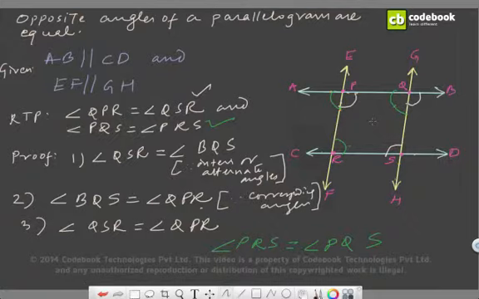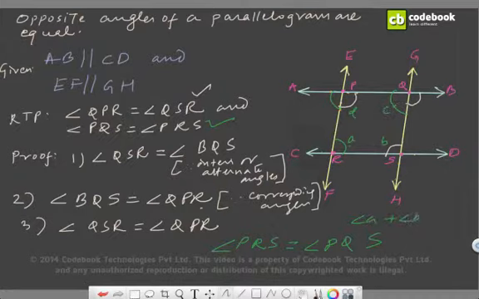We can also say that the sum of all the angles in a parallelogram is equal to 360 degrees. Let's assume that these angles are A, B, C, D. So we know that angle A plus angle B is equal to 180 degrees because they are co-interior angles.